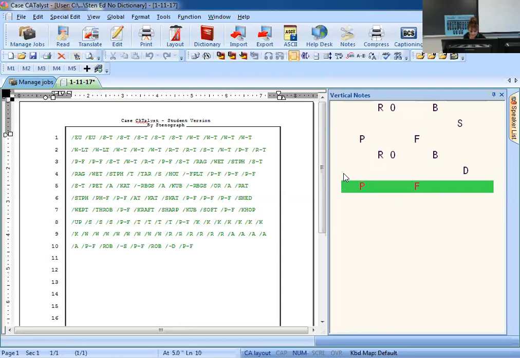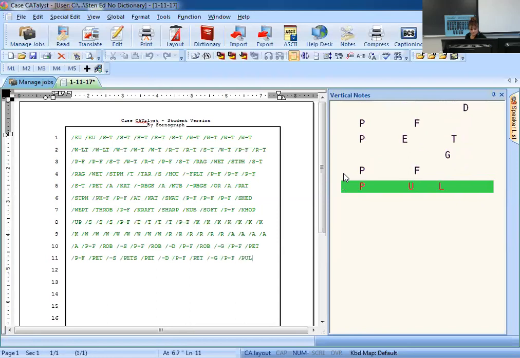It's just the D. Robbing is rob, come back G. Pet, P-E-T, that's our root word. Pets, P-E-T, come back S. You've got to come back. If you write P-E-T-S in the same stroke, it's wrong. Petted, pet, come back D only. Petting, pet, come back G only.